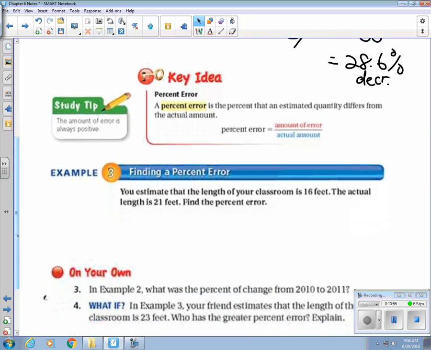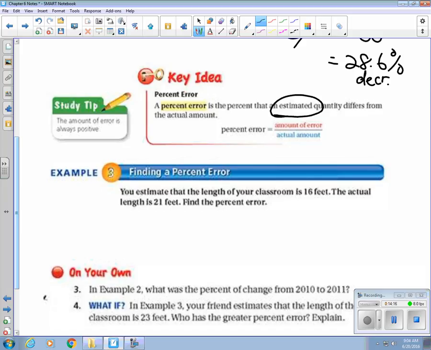All right. Now, a variation of percent change is something that we call percent error. I told you we'd be doing this at the beginning of the lesson. And what the percent error is, it's the percent that an estimated quantity differs from the actual amount. So somebody's going to make an estimation, an educated guess about something.